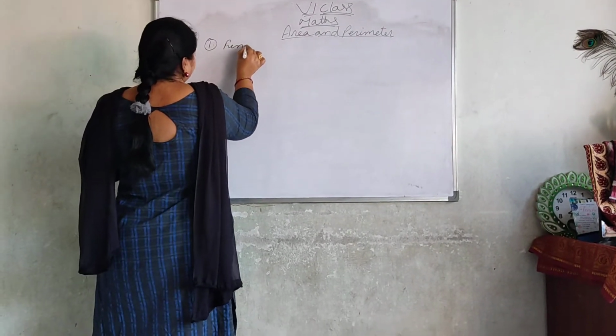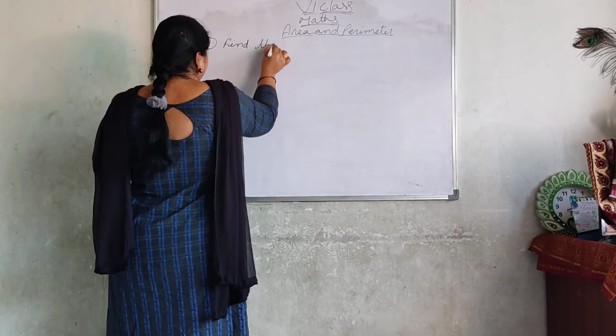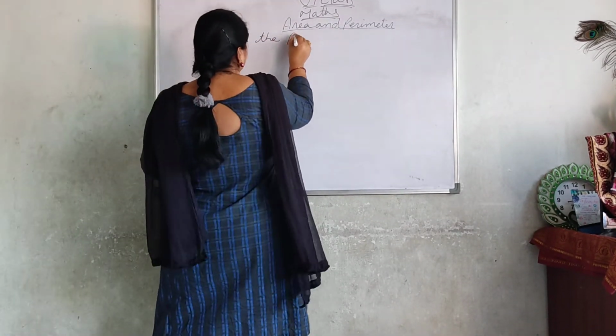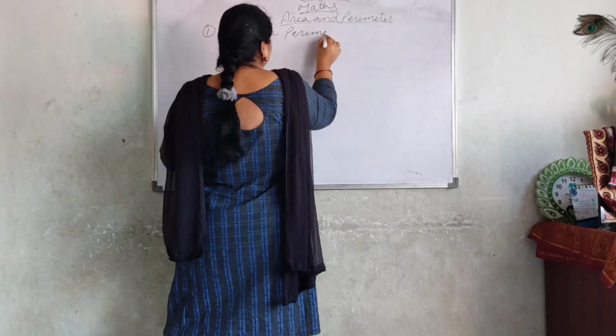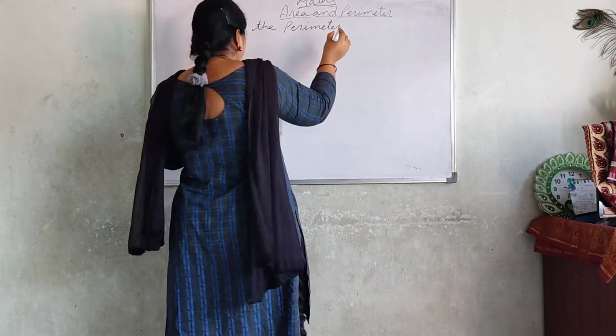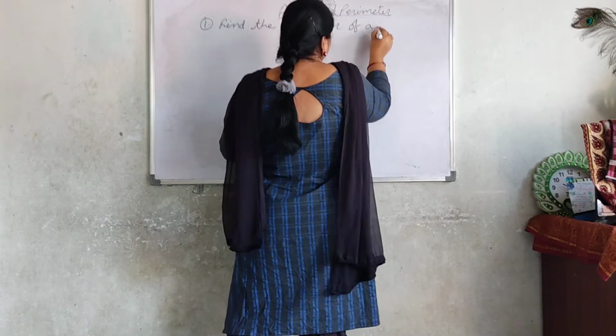Find the perimeter of a rectangular field.